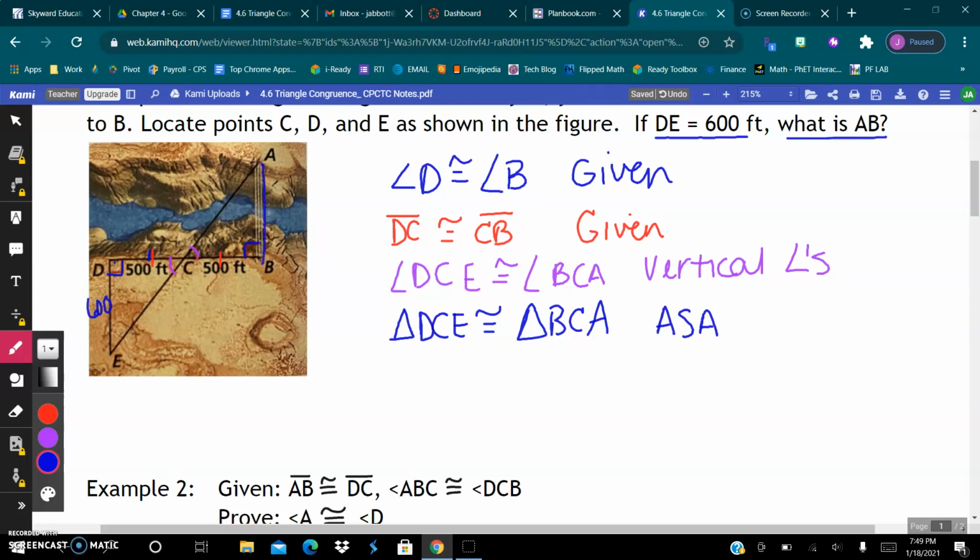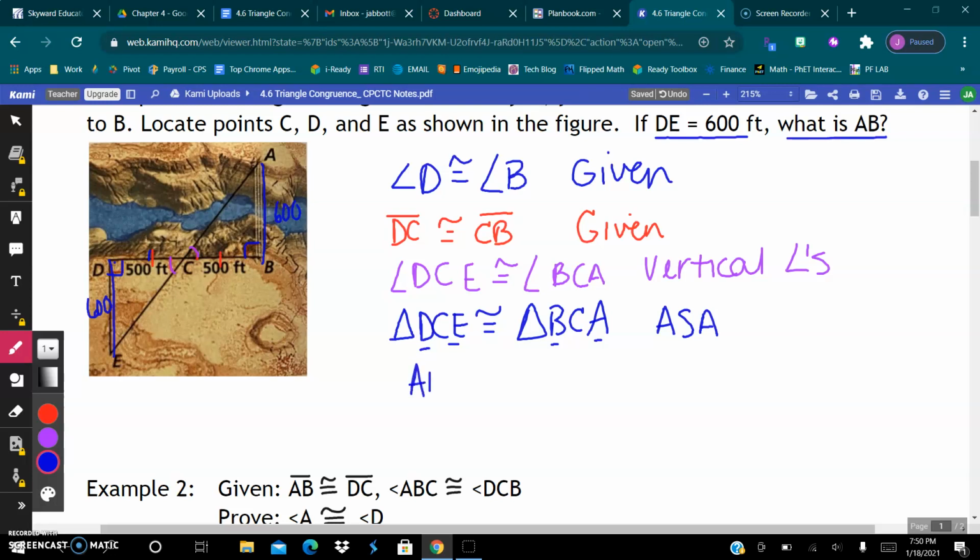So AB is this other side over here, which would be matching. DE is first and last here in this triangle, and BA is first and last in the other triangle. So those are the same sides. So if DE is 600, and we proved that these triangles are congruent, then AB has to be 600 as well.